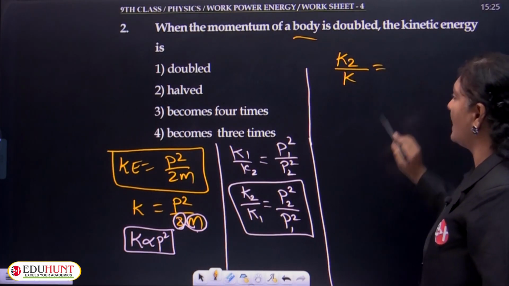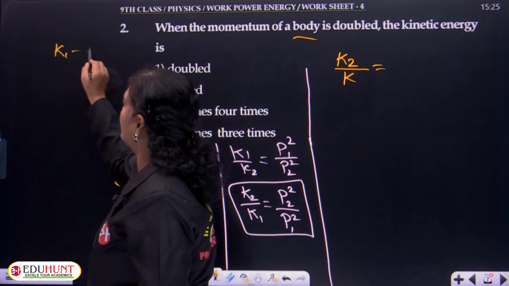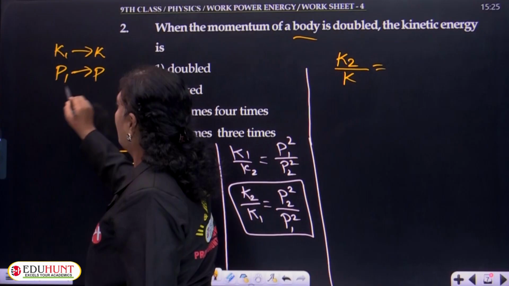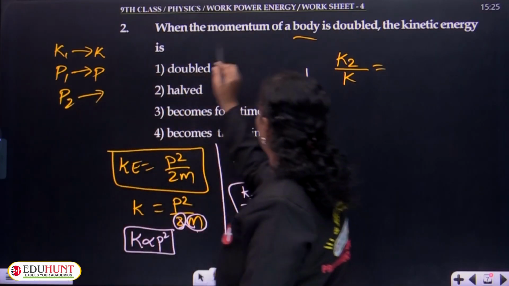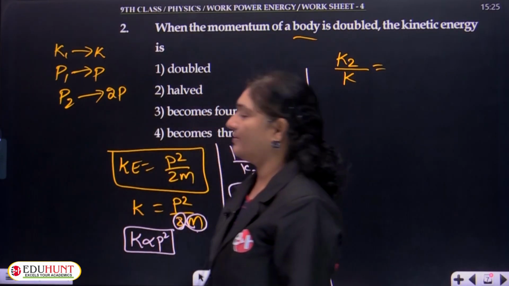Momentum of the body is doubled. So, initially, let us suppose that K1 equals K, P1 equals P, and P2 will be how much? Momentum of the body is doubled means it will become 2P. These are the given relations.